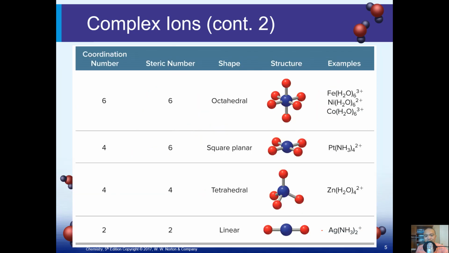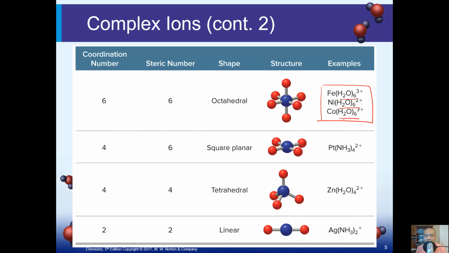Examples of several more coordination compounds are provided in this table, along with their coordination number and shape. As you can see, for these compounds, each ligand donates 1 pair of electrons. So you have 6 ligands.